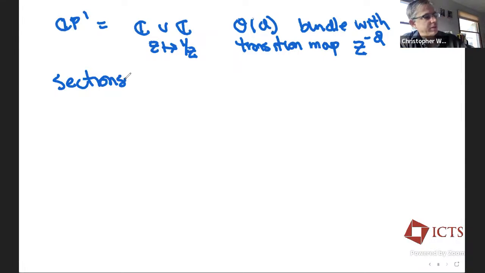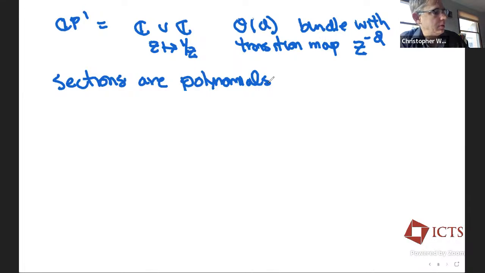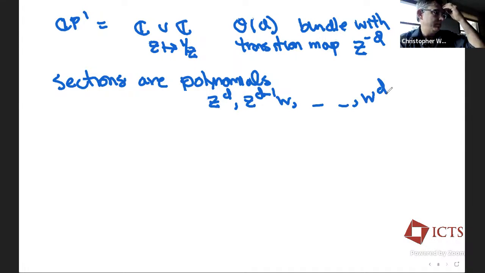I think of Z as the coordinate on the first factor. So the sections are the polynomials Z to the D, Z to the D minus 1 W, up to W to the D. Global sections.